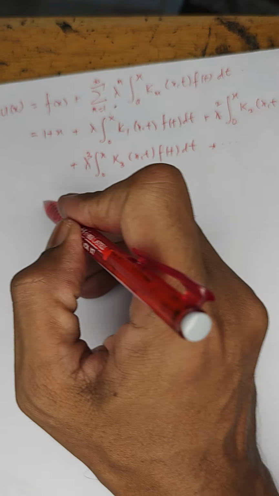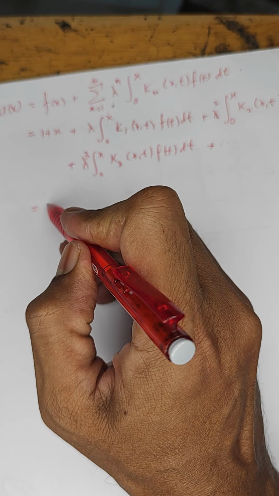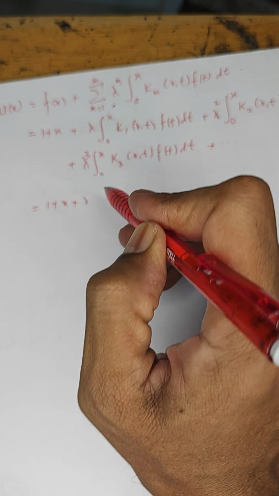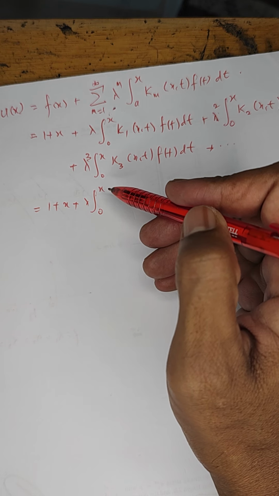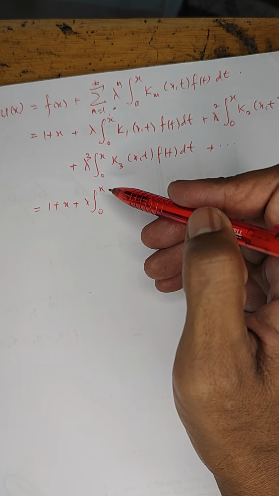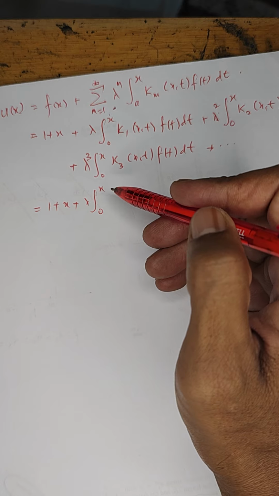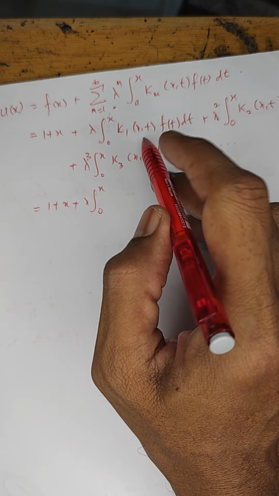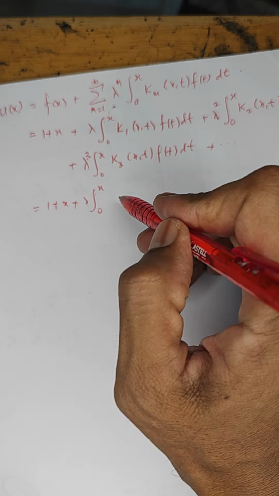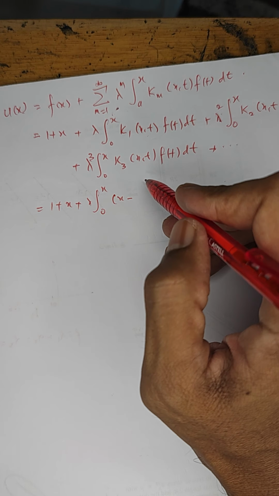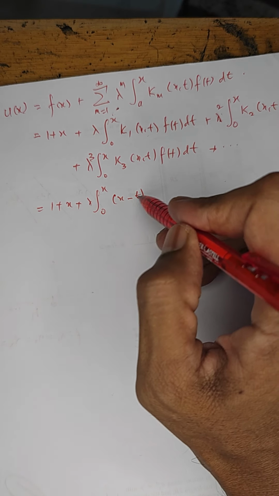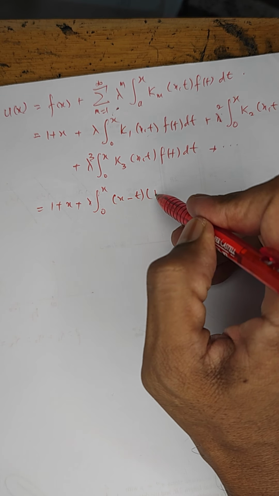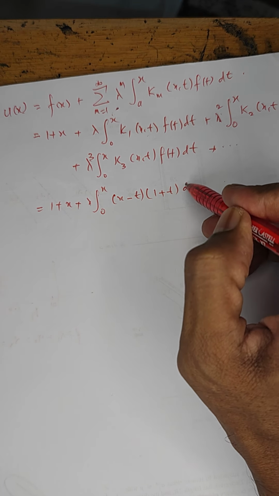Okay, so we need to evaluate and substitute everything in there. So this is 1 plus x plus lambda times the integral from 0 to x. Our k1 is x minus t, so we have x minus t, and then our f(t) is 1 plus t, dt.